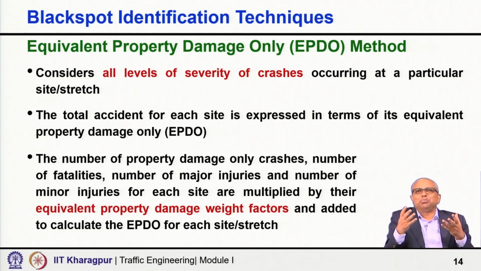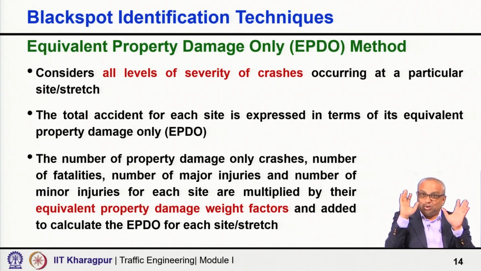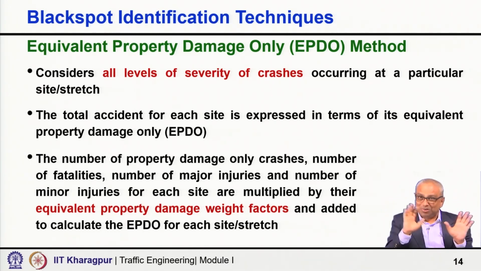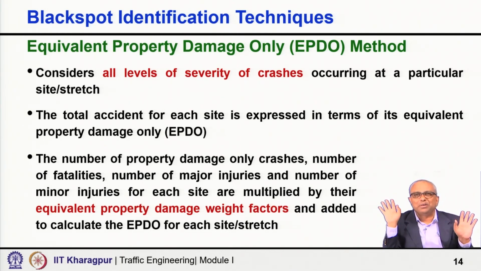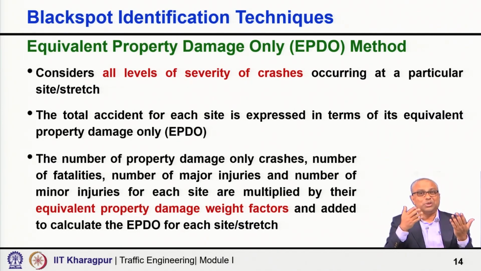Now, to improve further, I want to consider all types of crashes, but give different weightages to fatal crashes, grievous or major injury, minor injury and property damage only. That is the method we call EPDO, the equivalent property damage only method.